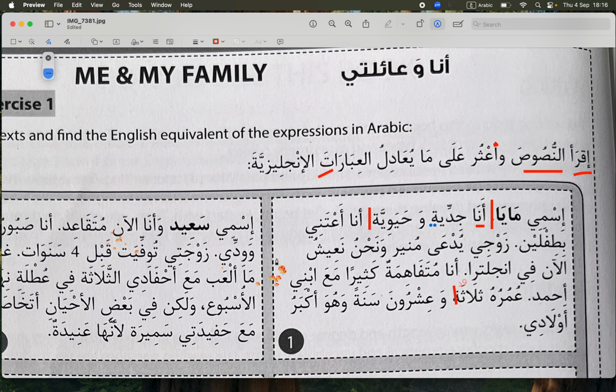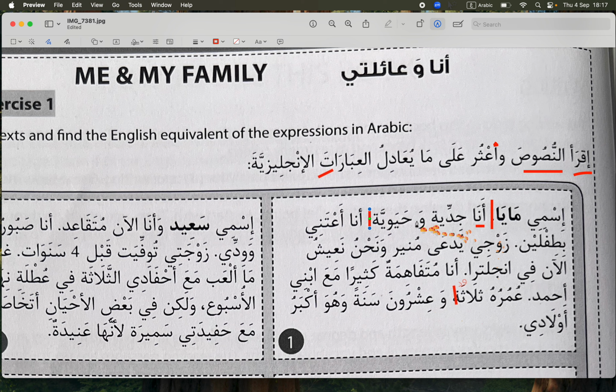Do you guys know why? Absolutely, because Maya is a female, an untha. That's why this word jiddiya is also feminine, represented as a ta marbuta. And here's another ta right here, which is also a feminine ta.